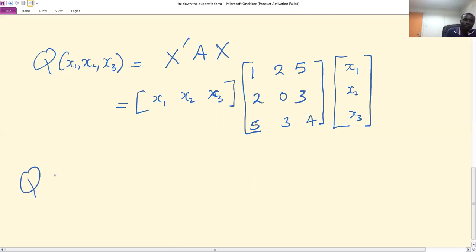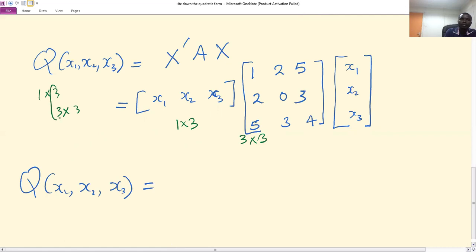Now Q of x1, x2, x3 will be, now this is a 1 by 3 matrix, and this is a 3 by 3 matrix. So 1 by 3 times 3 by 3, we expect to get a 1 by 3 matrix, just a row vector.